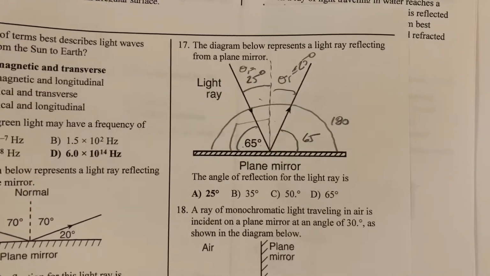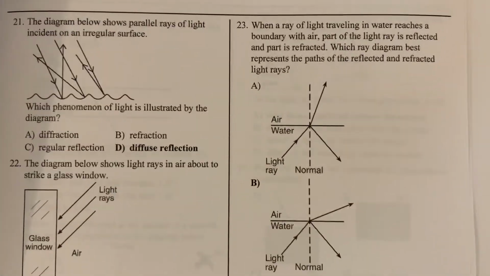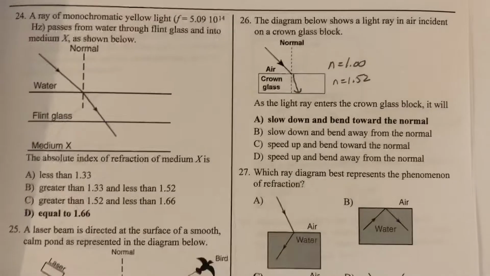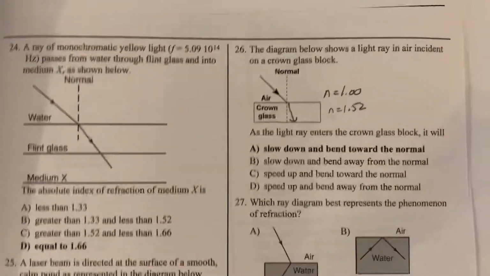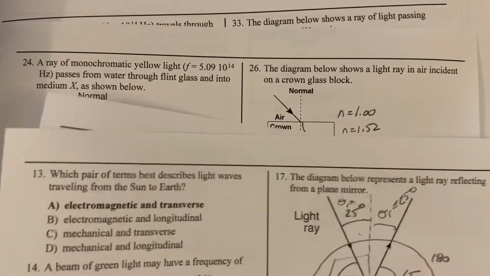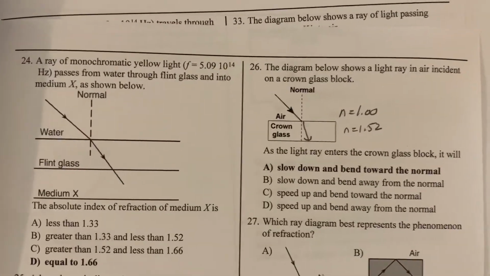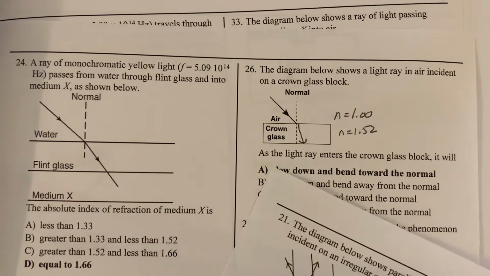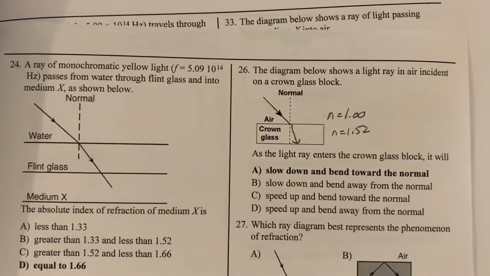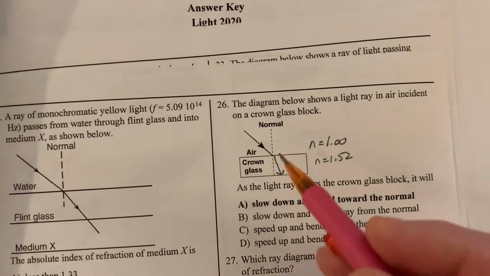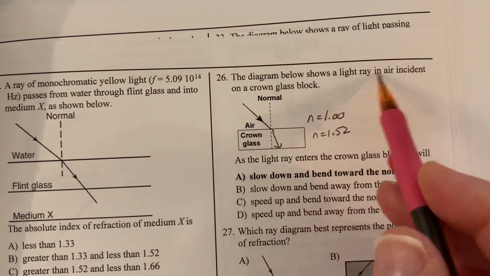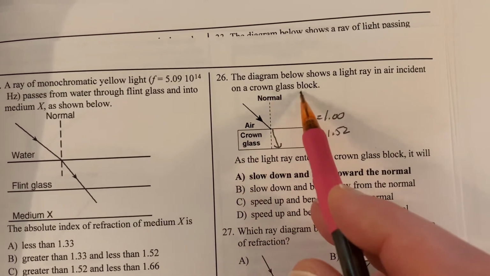Okay, next one after that is going to be 26. The diagram shows a light ray in air incident on a crown glass block.